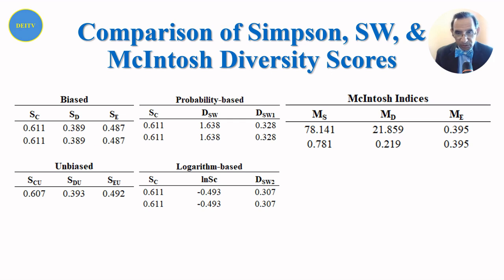If you use the frequencies, it's going to be 21.859. When you divide the diversity score by the maximum possible value, that gives you a standardized score of 0.395. Again, that's for the frequencies and also for the use of percentages.